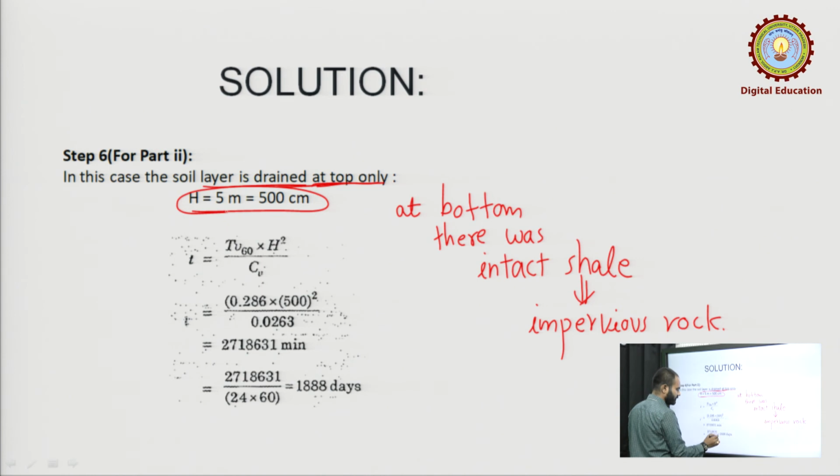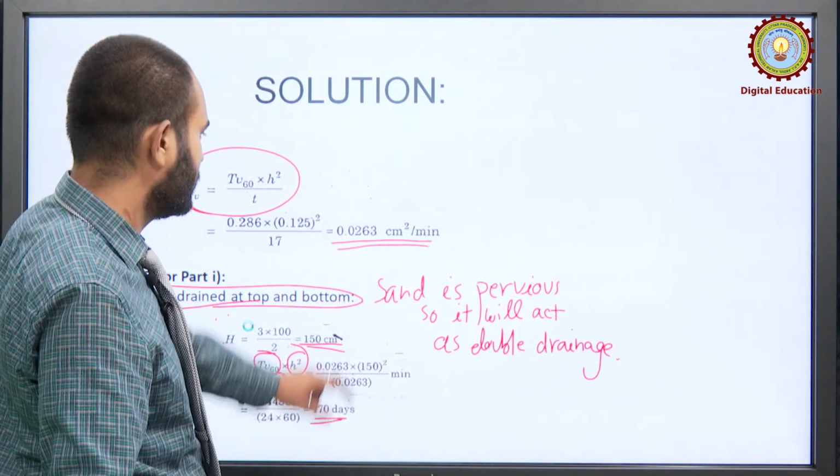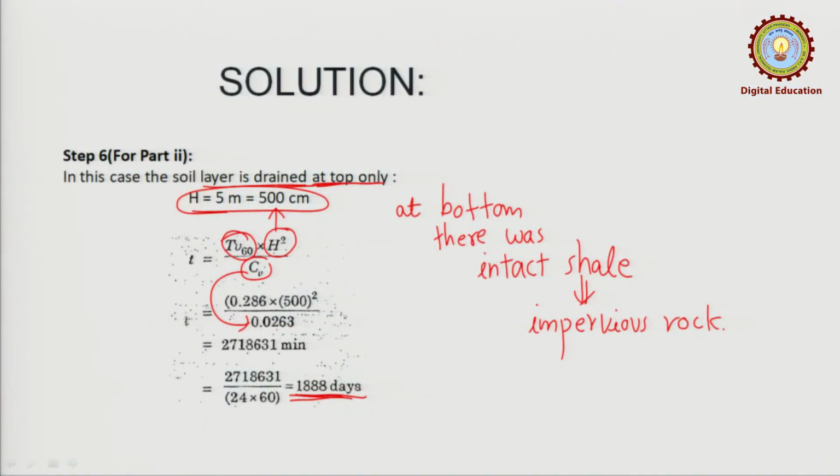Again use the same formula and get the value of t. Just this you have already calculated. Now, H will remain as this only, and Cv is the value you have already calculated in the last slide. So, just find out the value in days, that is it.